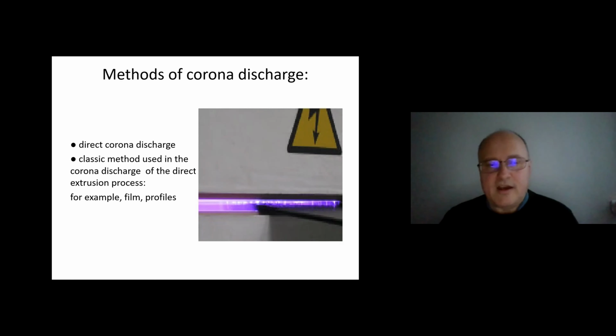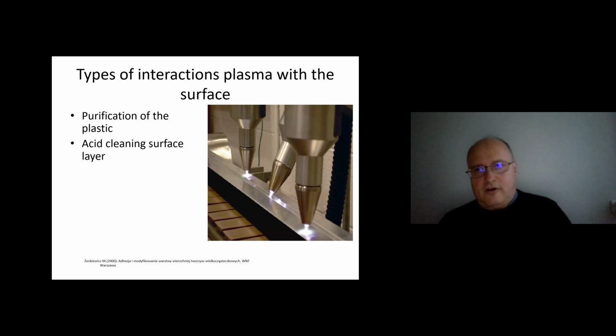And this system is very good and is slowly introduced to companies in Poland, for example, profile wrapped materials or other plastics with different shapes, not only standard materials.